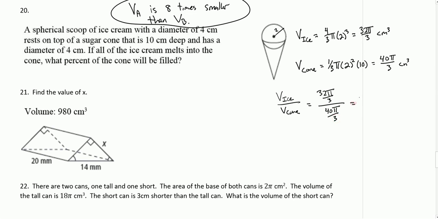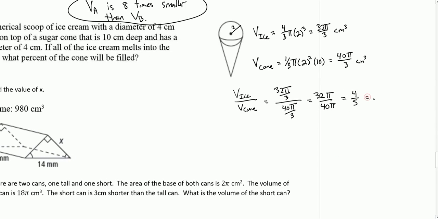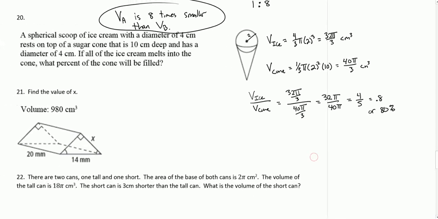Multiply top and bottom by 3 to simplify the fraction to 32 pi over 40 pi. Divide by pi, and we can also divide by 8. So let's divide top and bottom by 8 pi. You end up with 4/5, which is 0.8 or 80%. So what percent of the cone will be filled? 80% of the cone.